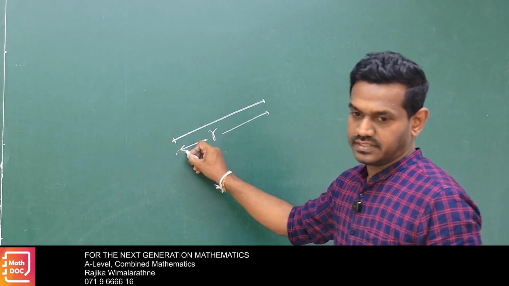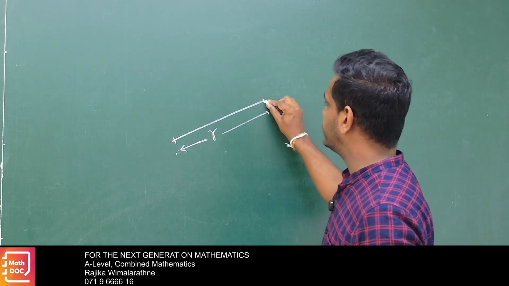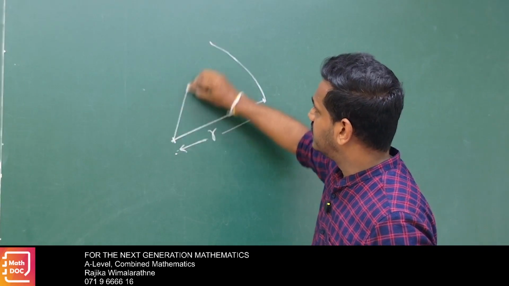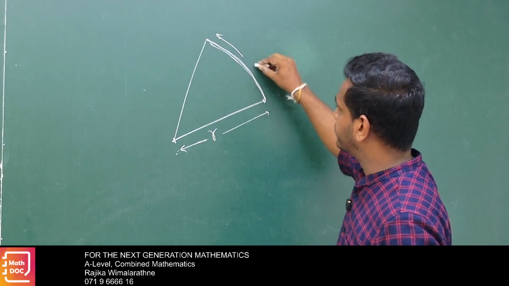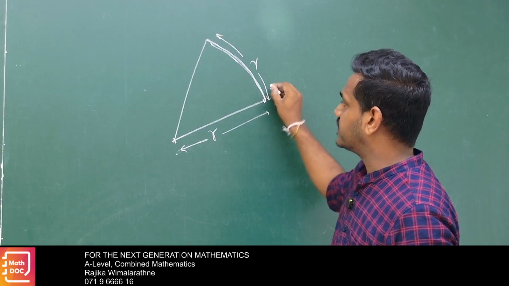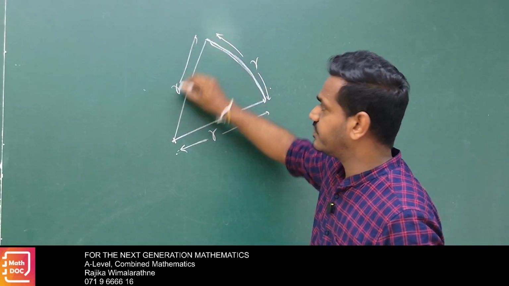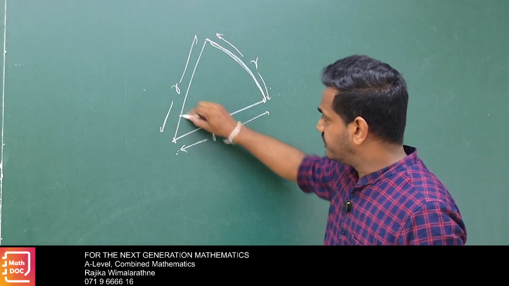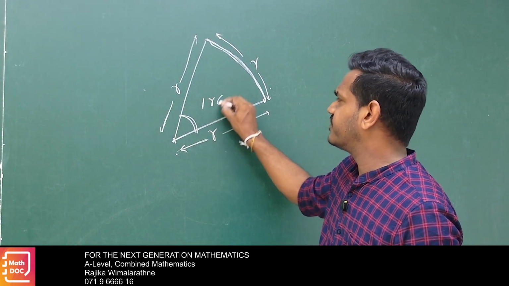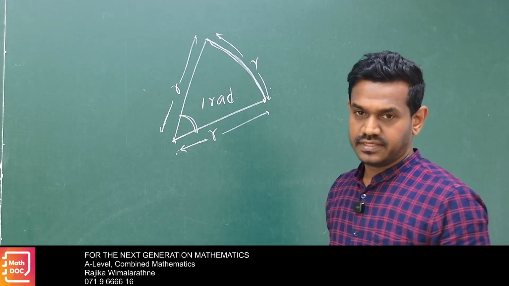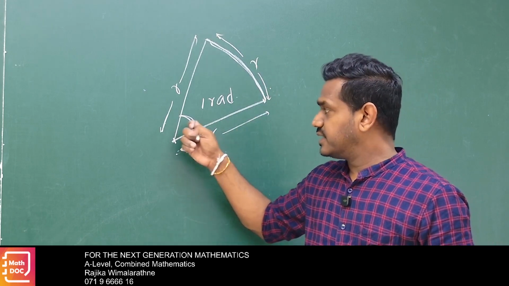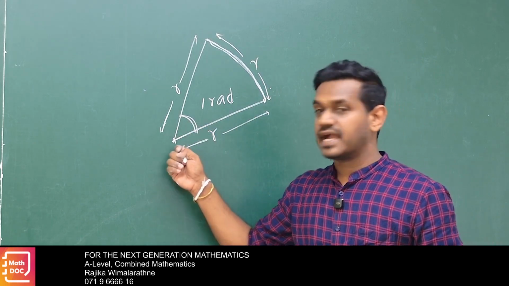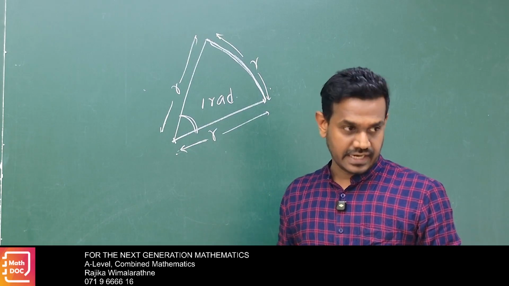I am going to rotate this one. Let this arc length be equal to r. Then this angle we call 1 radian, 1 rad. Here the radius equals the arc length, and the subtended angle we call 1 radian.